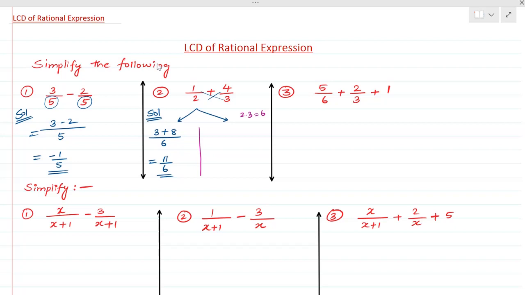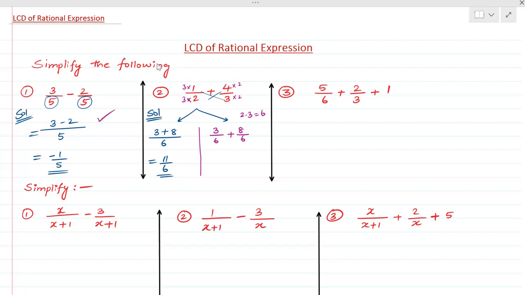So in order to make it the same denominator, I have to multiply this one by 3 and then this one by 2. Therefore the expression's numerator is 3 over 6 plus 4 into 2, which is 8 over 6. Now there is the same denominator, that's why we are multiplying by 3 here and by 2 here in order to get the same denominator.